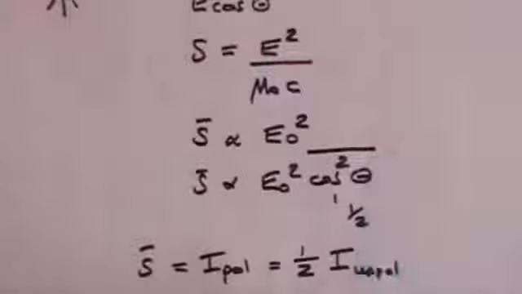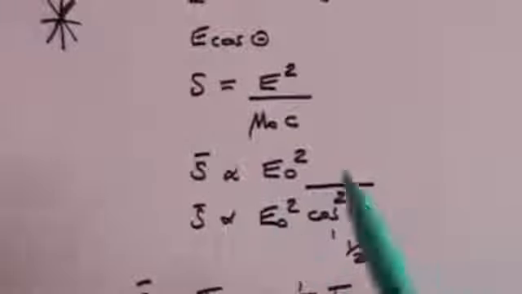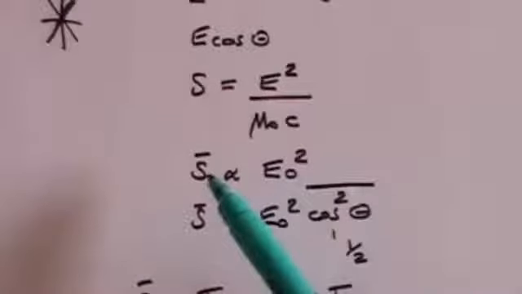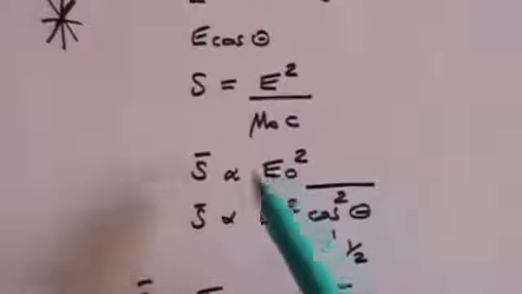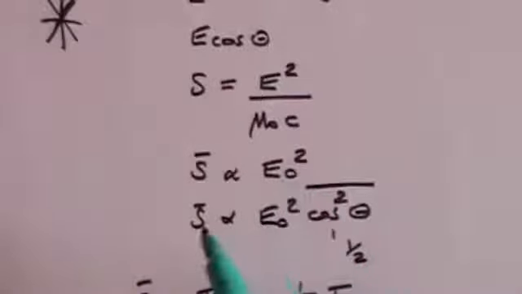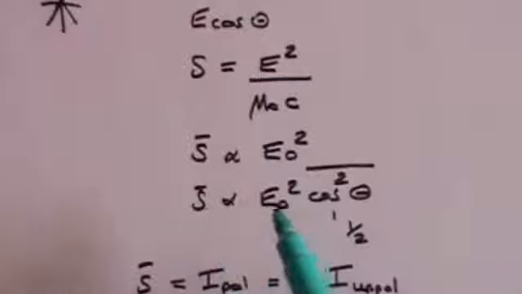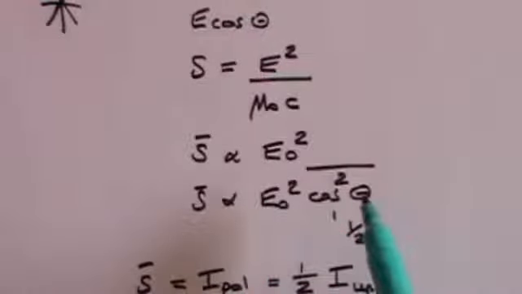So the intensity of unpolarized light on average is proportional to E naught squared. Once it's gone through the polarizer, it's E naught squared cosine theta squared.